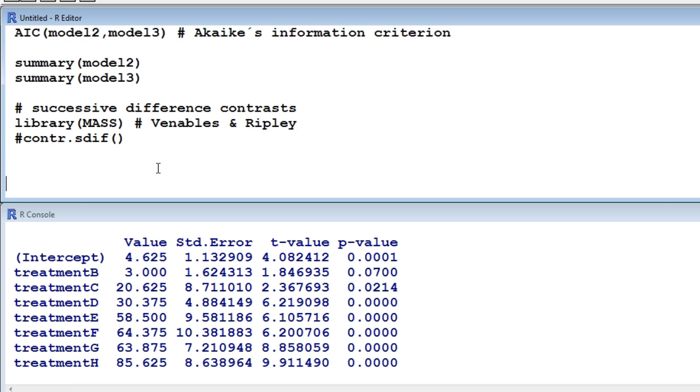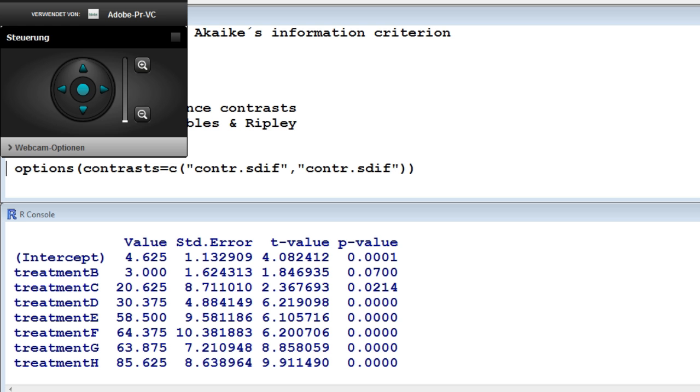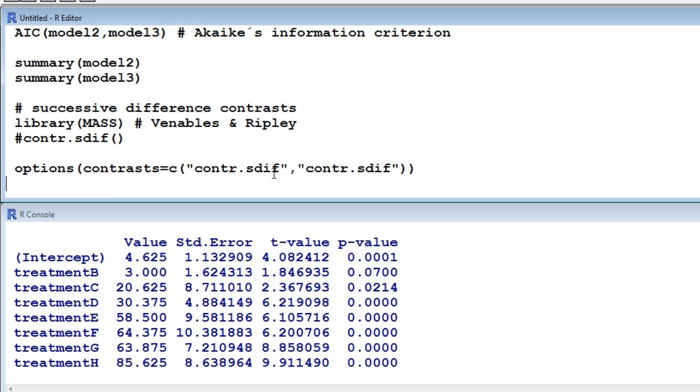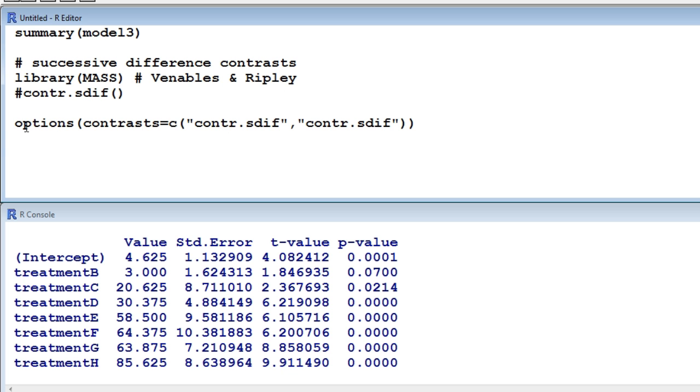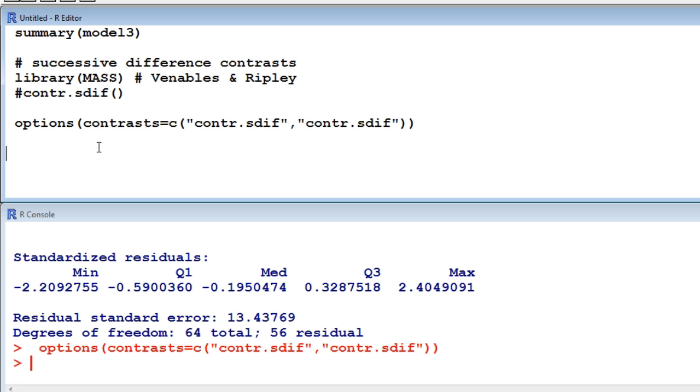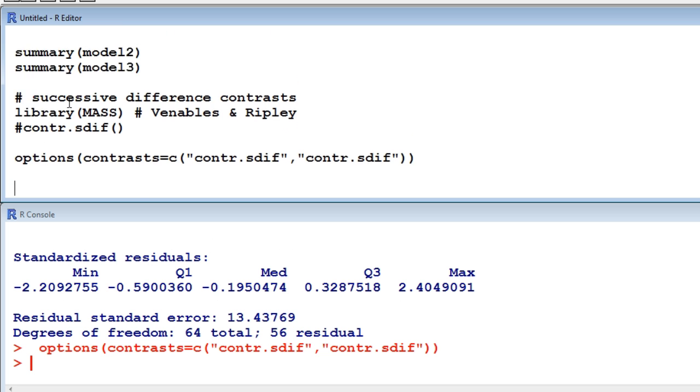Okay, so how are we going to do that? We need to change the options. Options contrasts equals c of, and then you say contr.sdif and you fill it in twice. Don't need to care about the details here. So we just use this line of code here in order to set the contrast options differently. Now, we have to rerun our model.